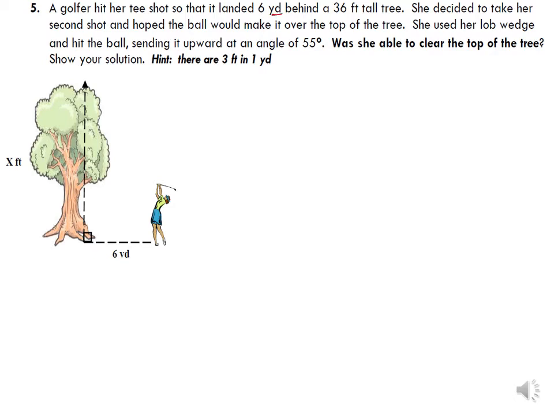But we got yards mixed with feet. That's not good. She decided to take her second shot, hoped the ball would make it over the top of the tree. She used her lob wedge, hit the ball, sending it upward at an angle of 55. Was she able to clear the top of the tree? And I've given you the conversion here. There's 3 feet in a yard.